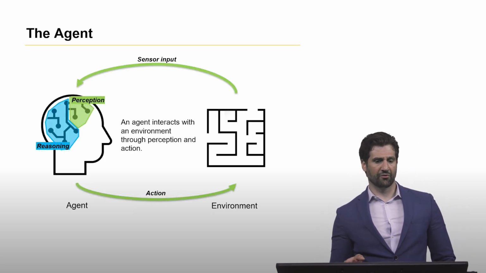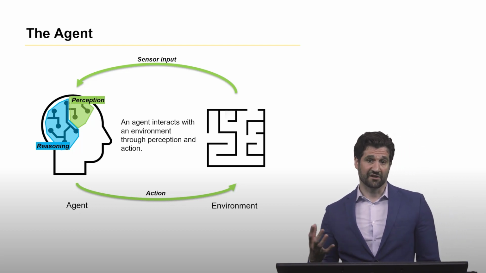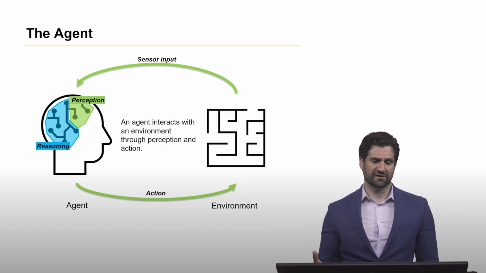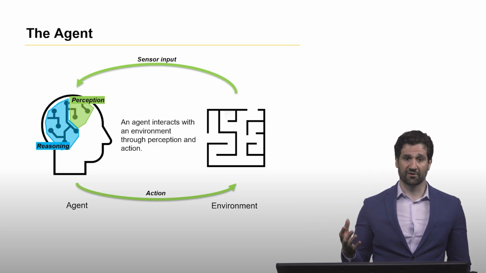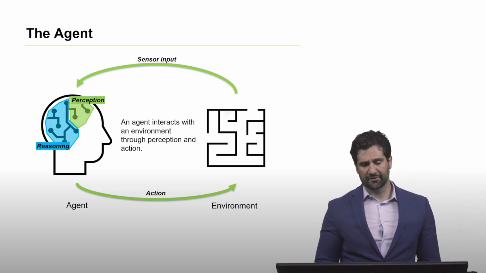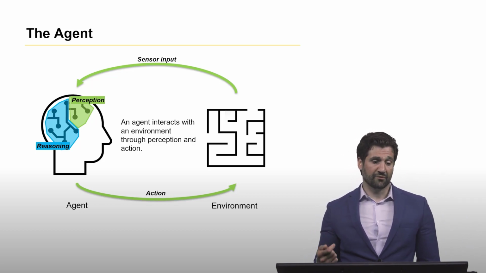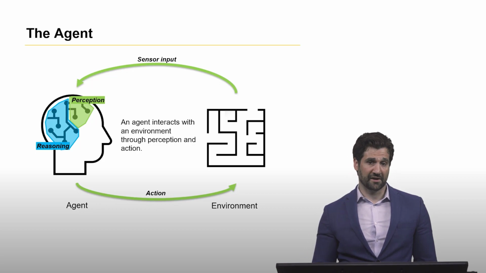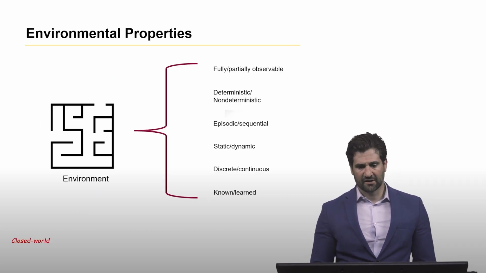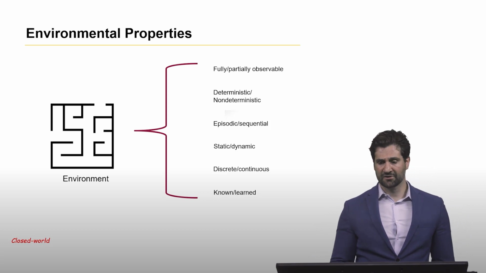Okay, so if you recall earlier on, we talked about this idea of an agent. The agent has sensors. It perceives things from its environment. It does perception. It then reasons about those things, and it takes action. Now, for the environment, we also talked about some aspects of that, and we named a couple of different ways to think about the environment.